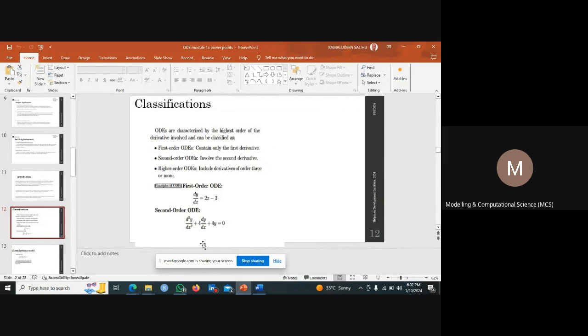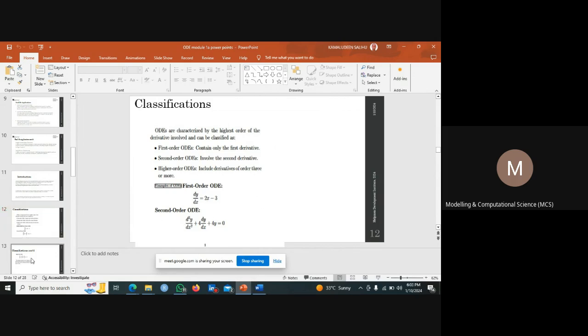Instead of dy/dx, it will be d²y/dx², like the one you are seeing here: d²y/dx² + 4 dy/dx + 4y = 0. What you need there for the second order is d²y over dx². And if you want to write it as the one I just showed you earlier, you write it as y prime prime.